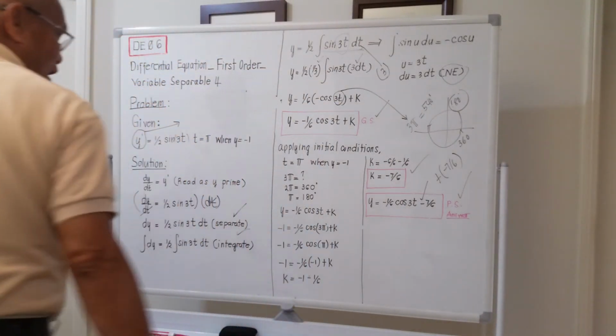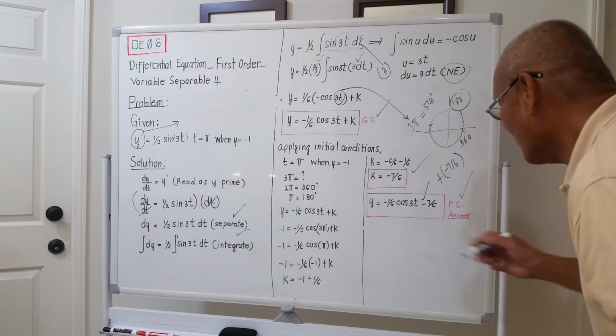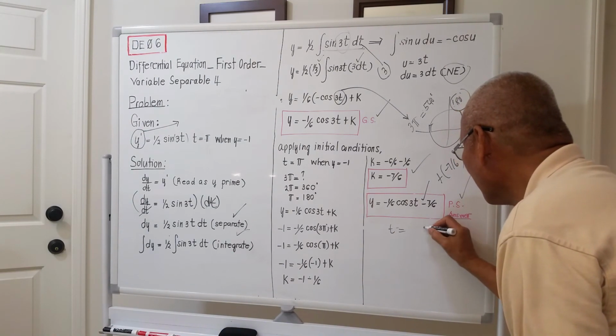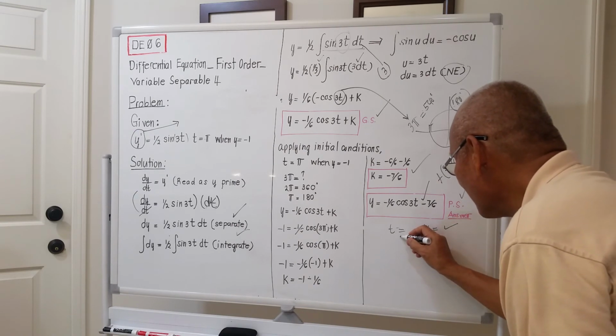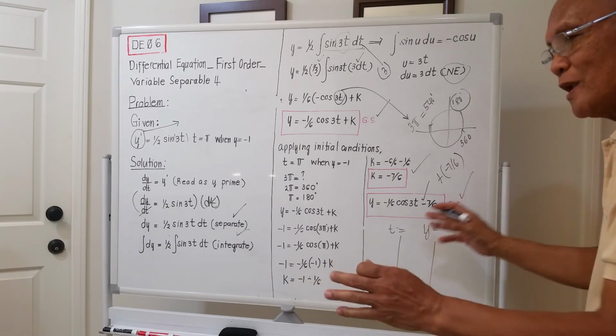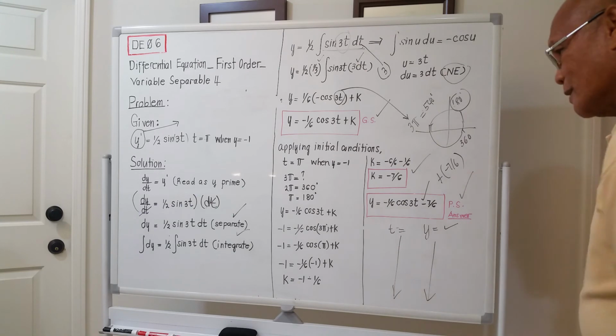Okay? How about the graph of this one, guys? It's easy. Try to compute, place the value of t, then try to compute for the value of y. Maybe 6 points. Then try to plot the graph one by one, then try to figure out what will be the outcome.